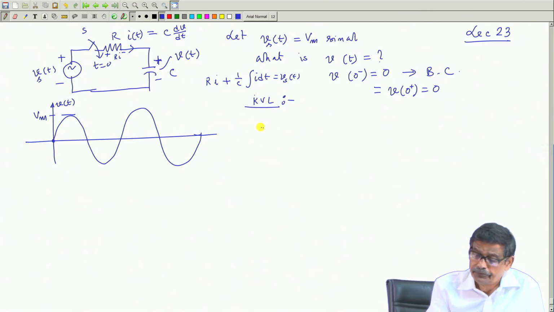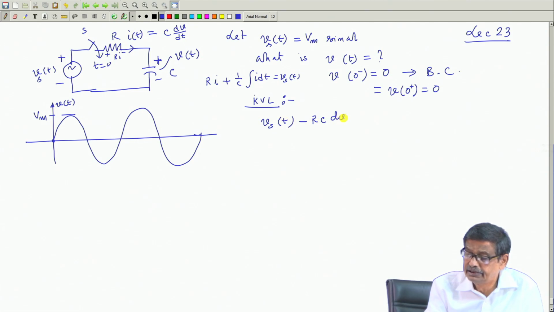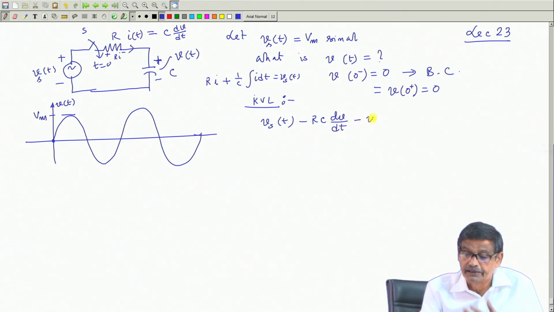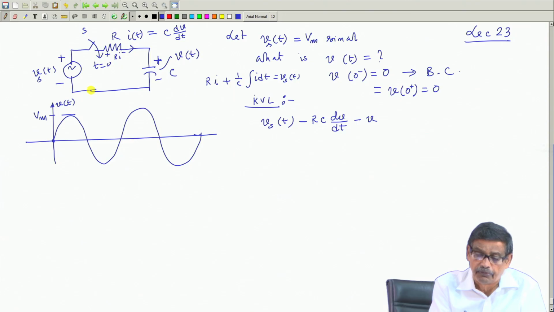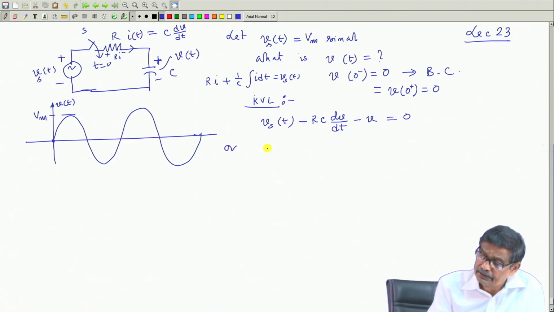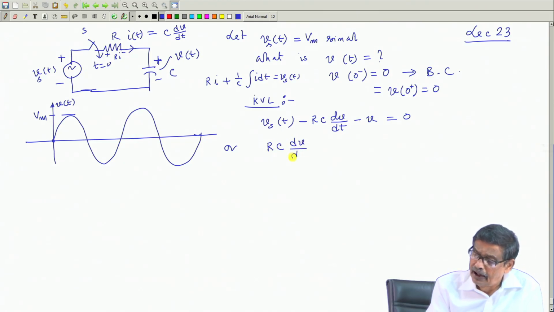In the loop, it will be V s t minus R I, that is minus R C dV dt, minus V, and this is equal to 0.